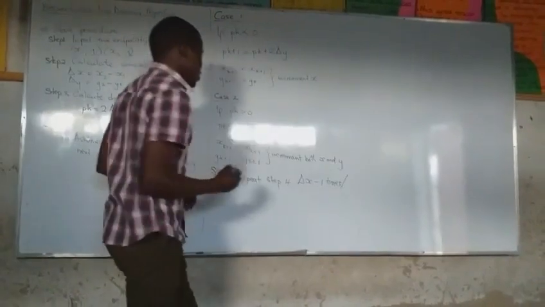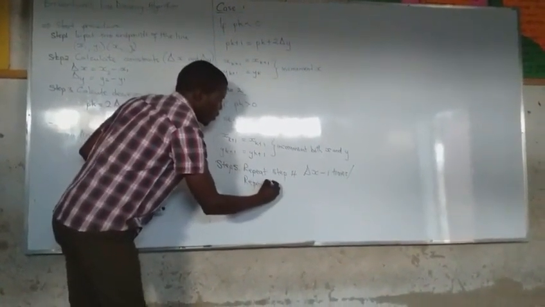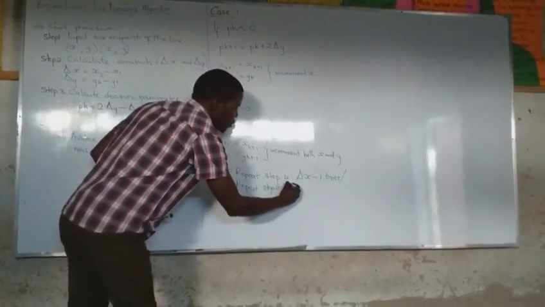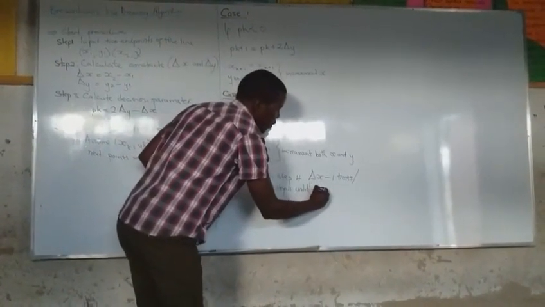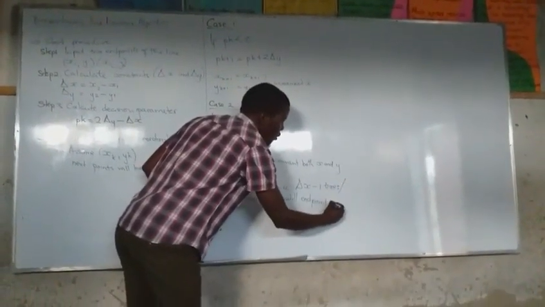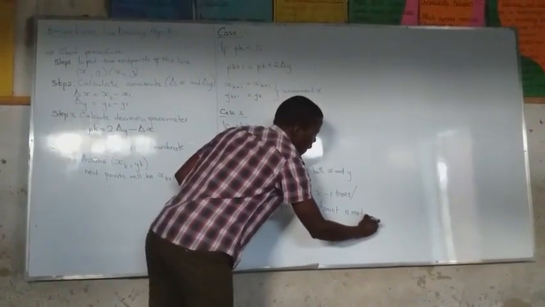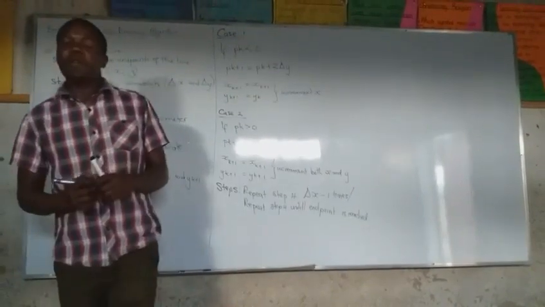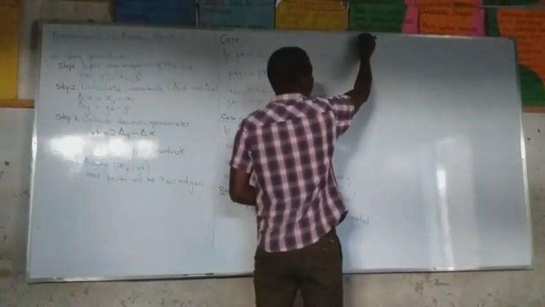Or we are just saying, repeat step 4 until the end point is reached. Step number 5, you are repeating step 4 until you meet the end point.